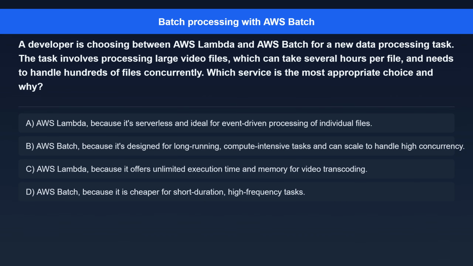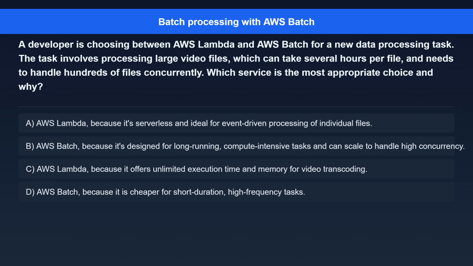Question 9. A developer is choosing between AWS Lambda and AWS Batch for a new data processing task. The task involves processing large video files, which can take several hours per file, and needs to handle hundreds of files concurrently. Which service is the most appropriate choice, and why? Option A, AWS Lambda, because it's serverless and ideal for event-driven processing of individual files.